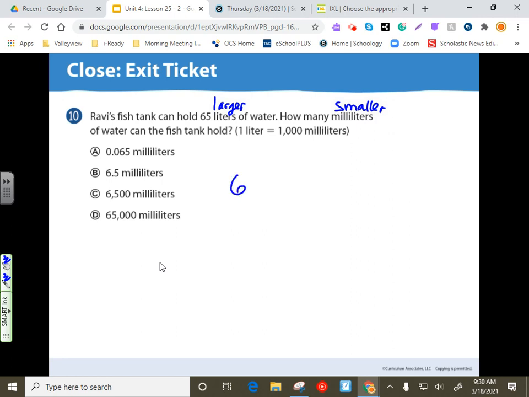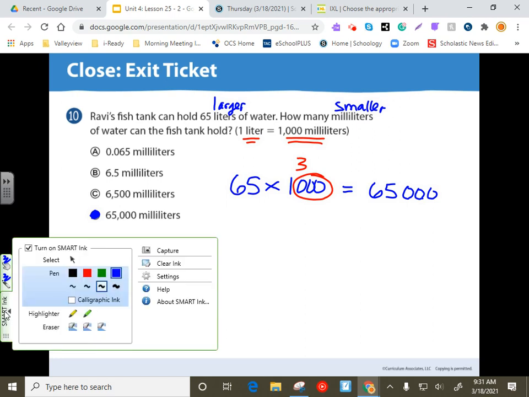Let's take 65, and we're going to multiply by 1,000. I got that 1,000 right from here, because 1 liter is 1,000 milliliters. I've got 3 zeros, and this should give me 65,000, which is option D right there.